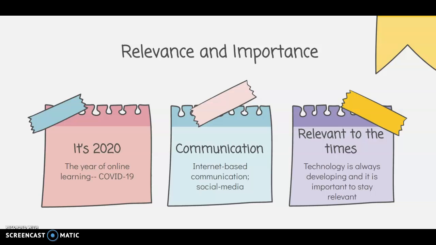And then also, we need to stay relevant to the times because technology is always developing. As I said earlier, as technology develops and changes, so do we. It's not that the old ways are not relevant anymore or not important, but we just need to keep up.